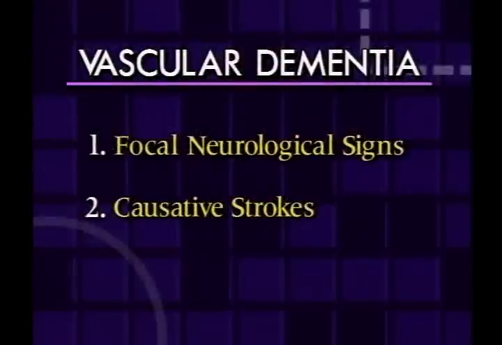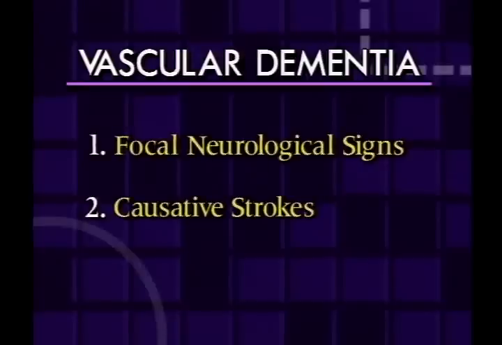But in addition to Alzheimer's disease, 20% of patients have vascular dementia. We're not going to have time to talk about vascular dementia in this segment, although it is discussed in a separate segment. It is important to remember, however, that patients with vascular dementia usually have focal neurological signs, an upgoing toe, weakness, a drooping face, typical of the strokes that exist in these patients' brains.